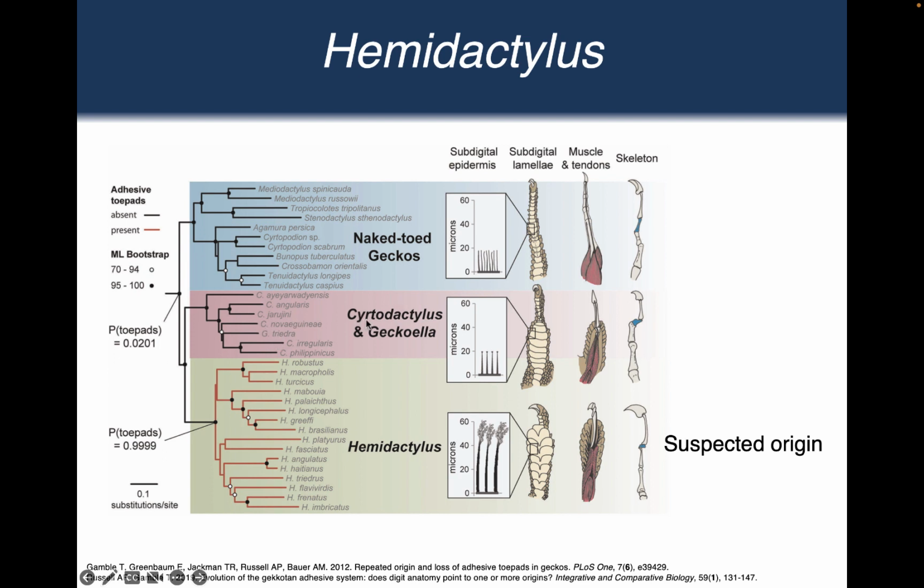We'll talk about Cerdidactylus at the end, but a lot of the closely related groups are padless or nearly padless, which suggests that there was an independent origin of toepads at the foundation, at the base of Hemidactylus, which is the group we're going to be talking about in this talk.